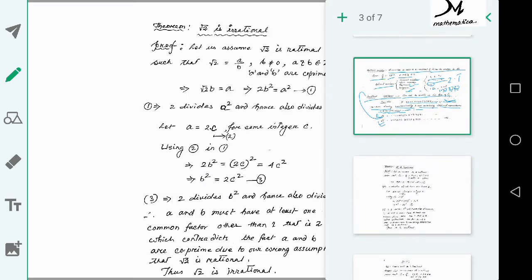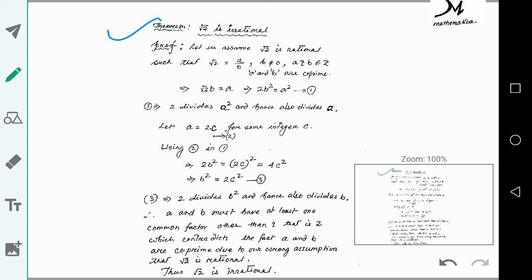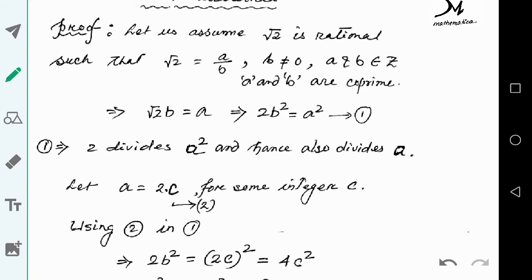There is another theorem, that is, root 2 is irrational. So how to prove that root 2 is irrational? In order to prove root 2 is irrational, let us assume that root 2 is rational. If root 2 is rational, we must be able to write root 2 in the form of a by b.